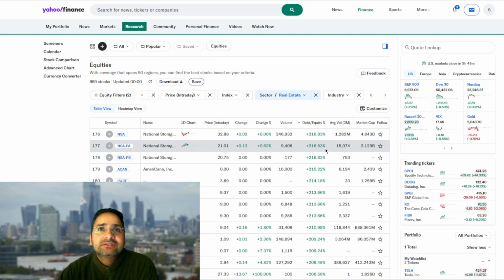Let's say a real estate company has assets which are not risky at all, let's say multifamily properties, which are much less risky, so it's okay for them to have a slightly higher debt to equity ratio.